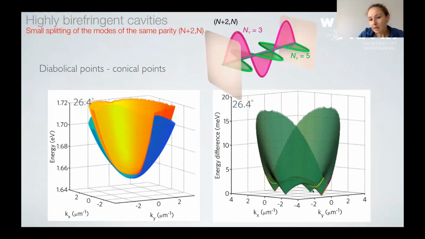Two of the points are at one energy, and the other 2 points are at a different energy. So again, we have touching of the modes, but at different energies, for the conical points.